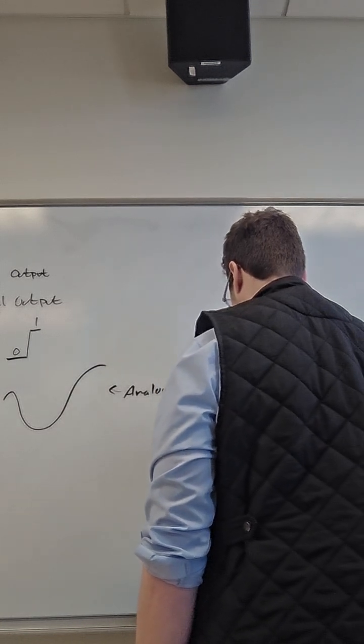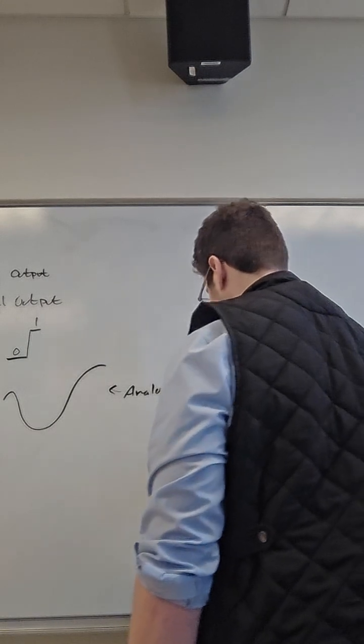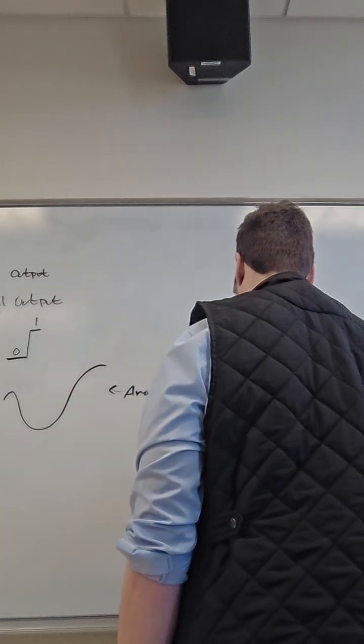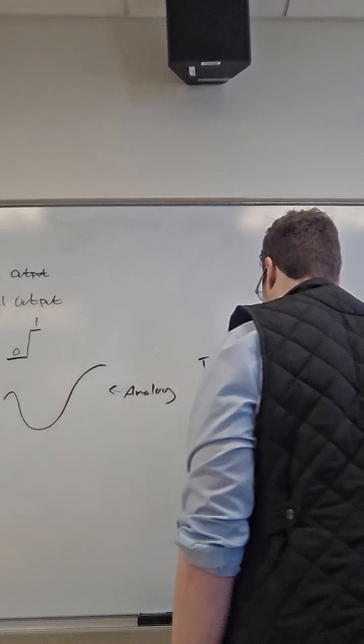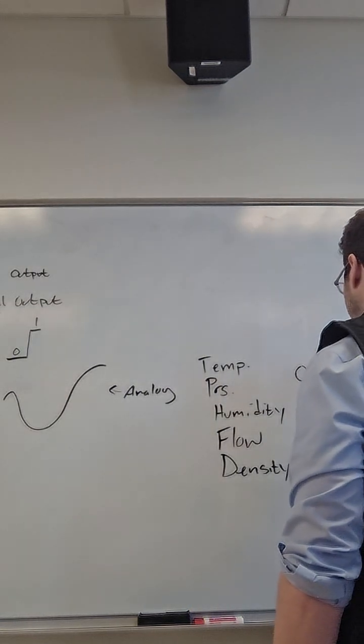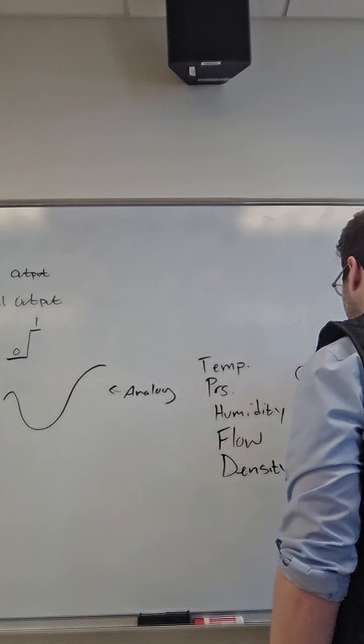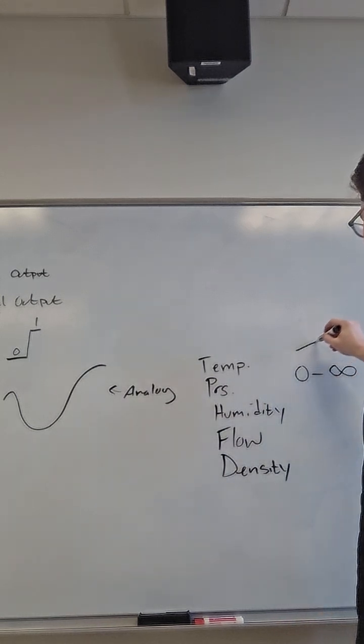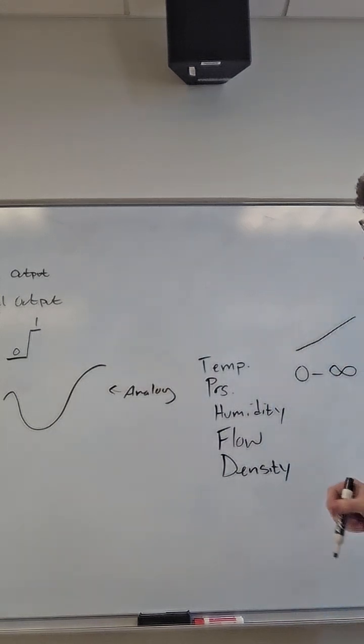Flow rate, density, right? These are all numerical values that can go from almost nothing at all to some arbitrarily high value. Right, and the change across that difference matters.